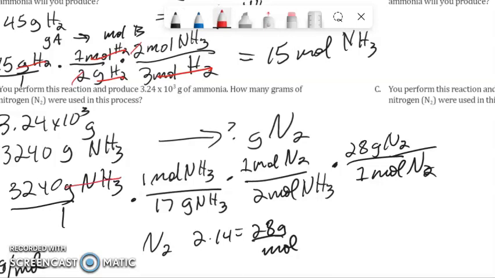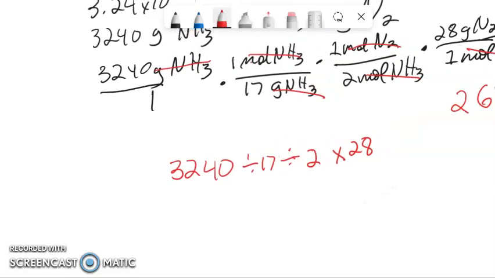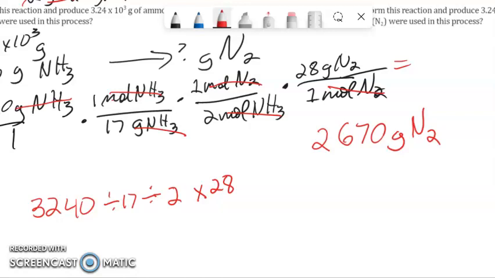All right, we've got grams of ammonia, moles of ammonia, moles of nitrogen, and we're left with grams of nitrogen. All right, I'm going to ask you to pause this and calculate the answer. All right, 3,240 divided by 17 divided by 2 times 28 gives us 2,670 when you round it to 3 significant digits.